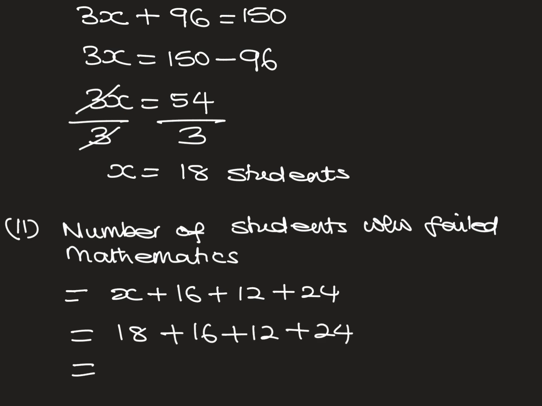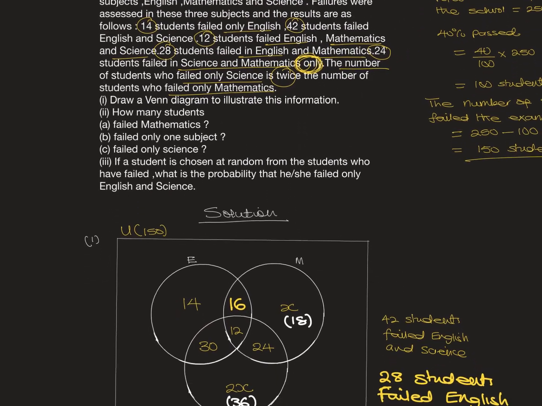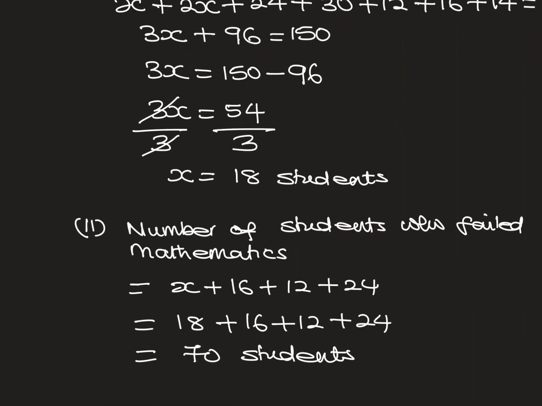And what do we have? 18 plus 16 plus 12 plus 24. We're going to have 70 students. Okay, so 70 students have failed mathematics. Okay, that is question 2A.